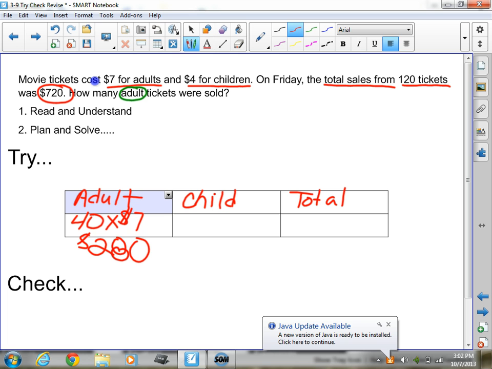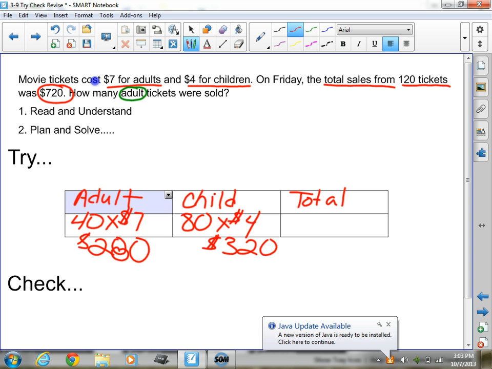Now, if there are 120 tickets sold, and 40 of them are adult, that would mean 80 of them were the child tickets. And child tickets are $4 each. 80 times 4 is 320.